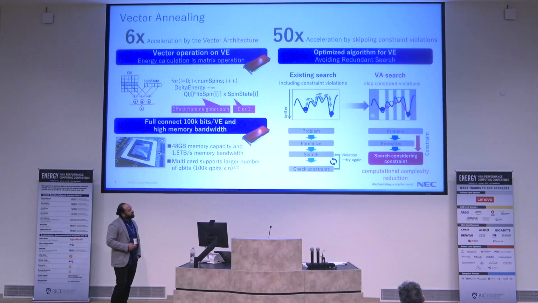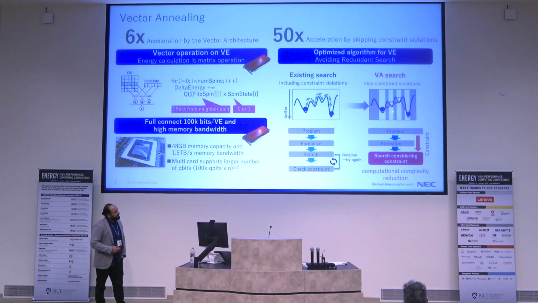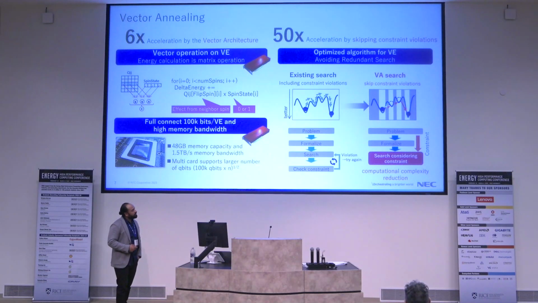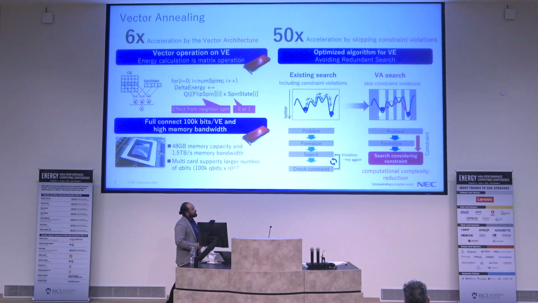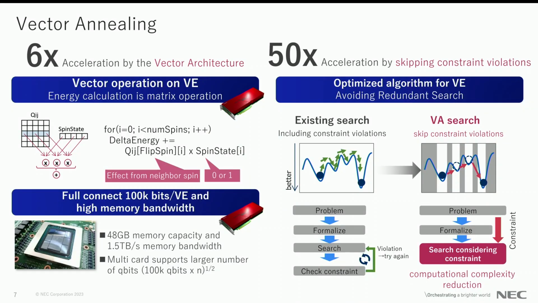What we are doing in the vector annealing stack at NEC is we are skipping where the constraints are not met. We are able to skip those specific parts and eliminate some parts of the objective function from the solution space itself.